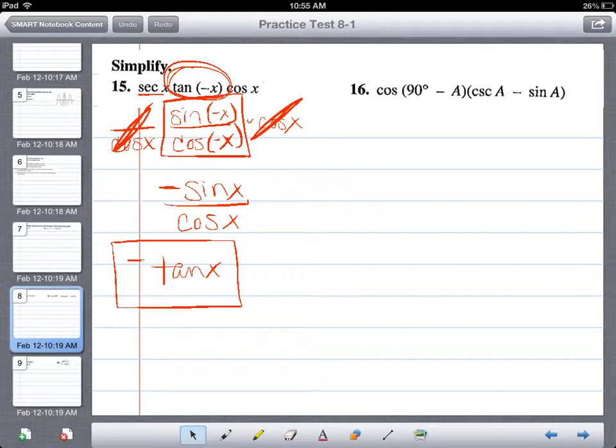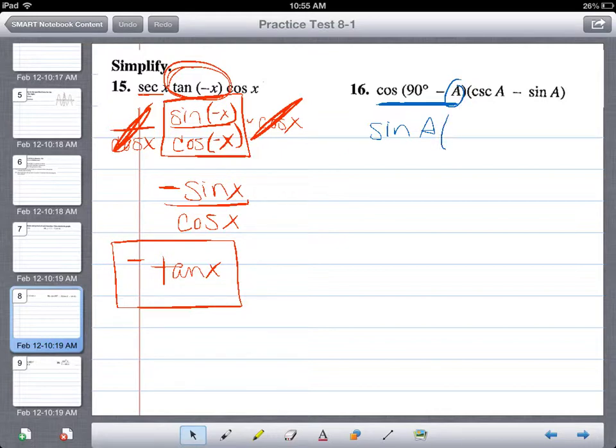So for number 16, again, we didn't do a whole lot with the cofunction relationships, but I'm just going to go ahead and use my trig sheet, that's really all I'm doing, to figure out cosine of 90 minus an angle. It says is the same as sine of that angle. Okay?